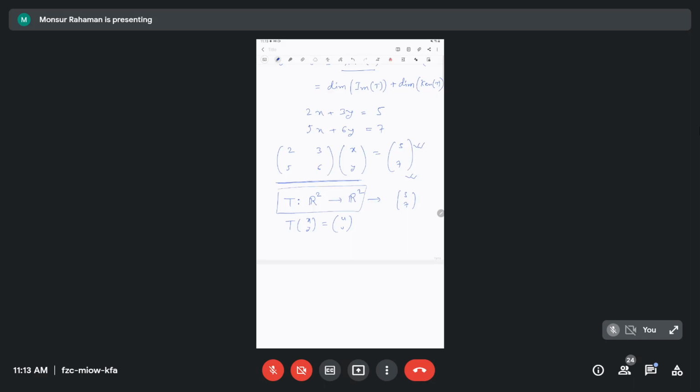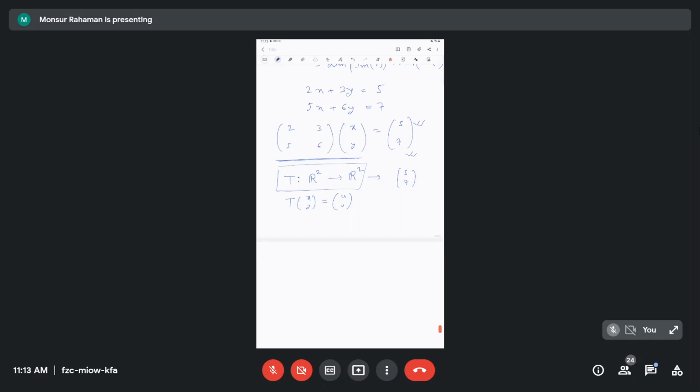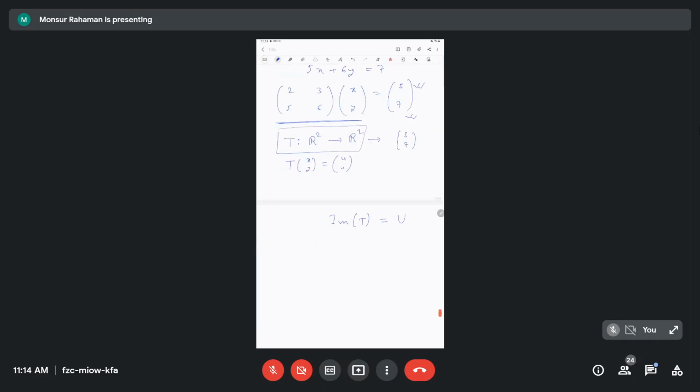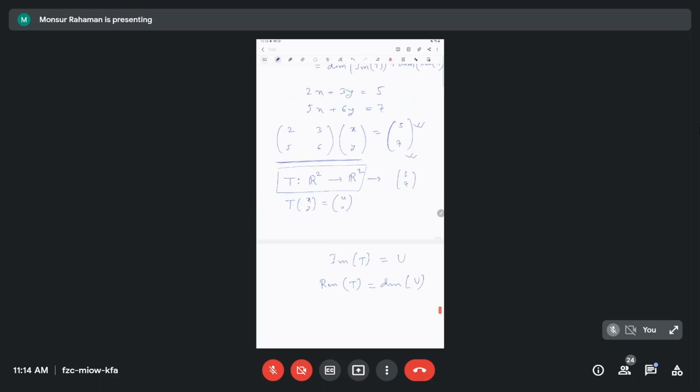So how do we prove onto? Onto means the image of T will be the whole of U, which means rank of T is equal to the dimension of U. Then for any vector you are guaranteed that it has a solution.